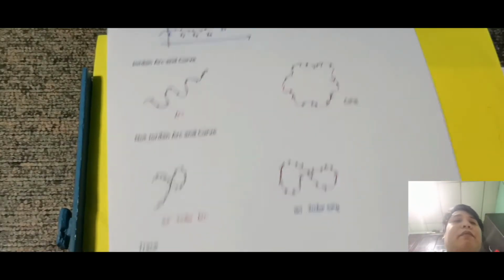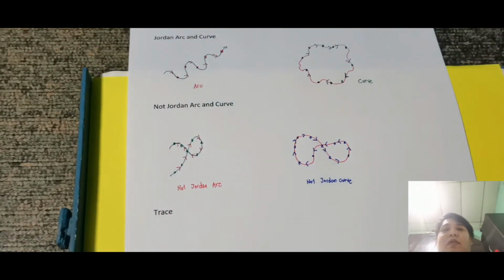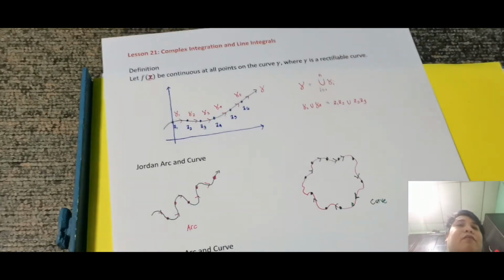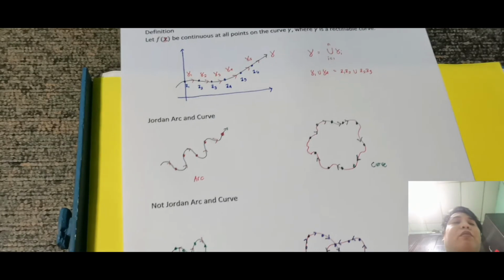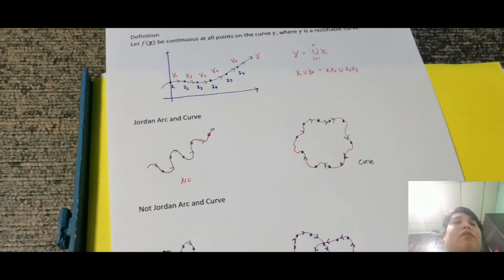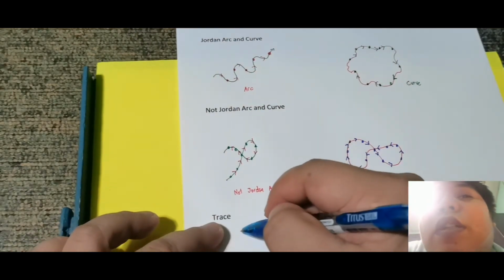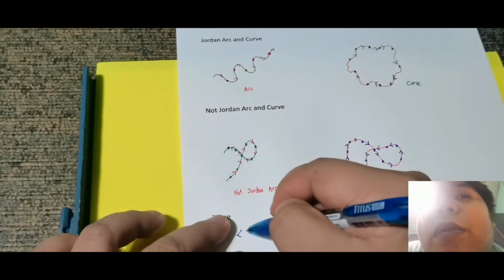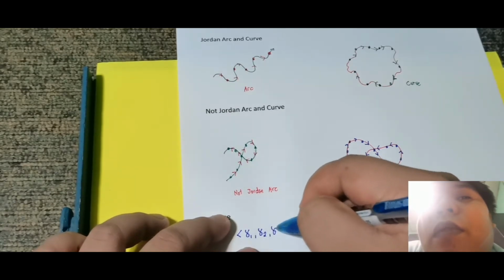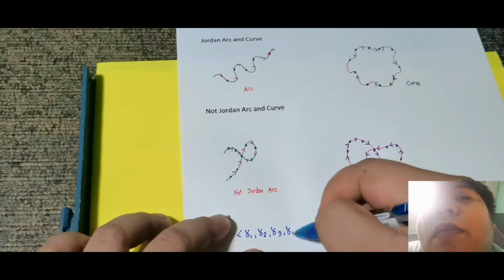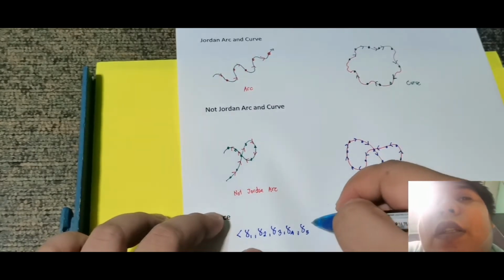Okay, then next is the trace. So yun nga, what is a trace? So, for example, ito na lang. Tulad nito, ang trace dito is Z1, Z2. So, mula kay Z1, Z2, Z2, Z3. So, yung trace dyan is si gamma 1. So, yung magiging trace ko dito, si gamma 1, gamma 2, gamma 3, gamma 4, gamma 5, and so forth.